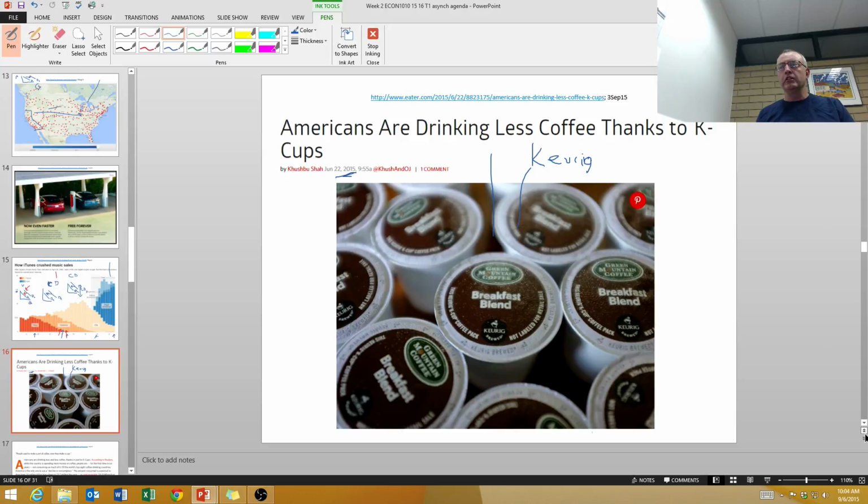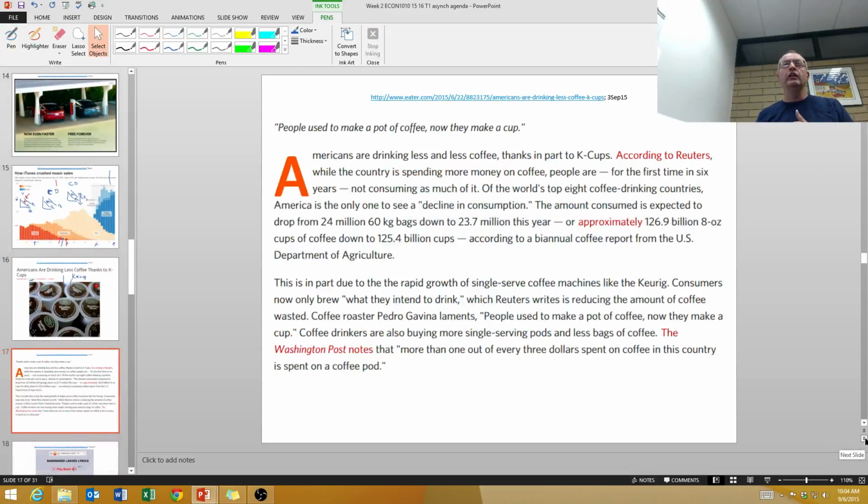What's interesting here is that the quantity of coffee getting consumed in the United States is actually declining because of the invention of these individual coffee pods. The population of the United States is about 300 million people, and it increases by about 1% per year, which means there are about 3 million additional citizens in the United States every year.